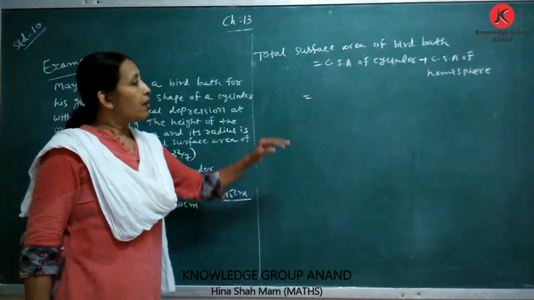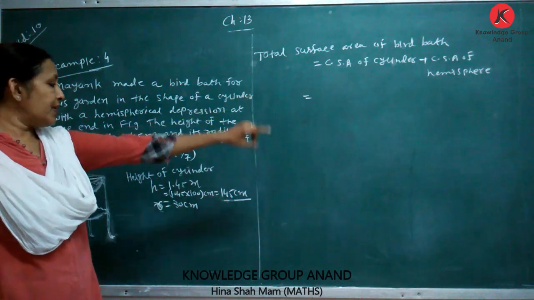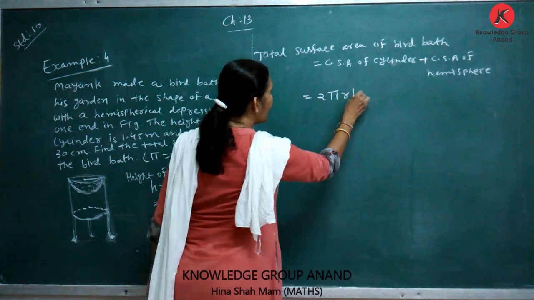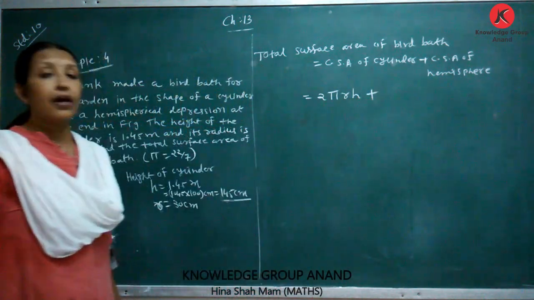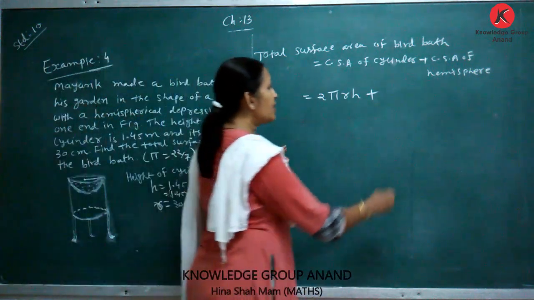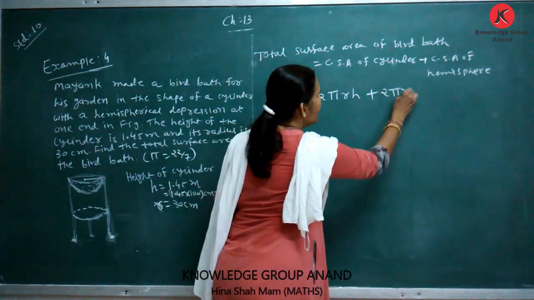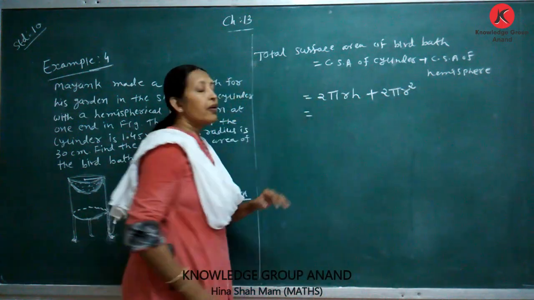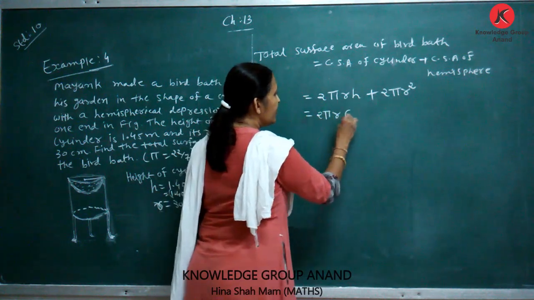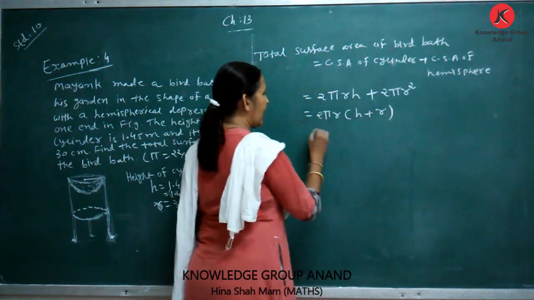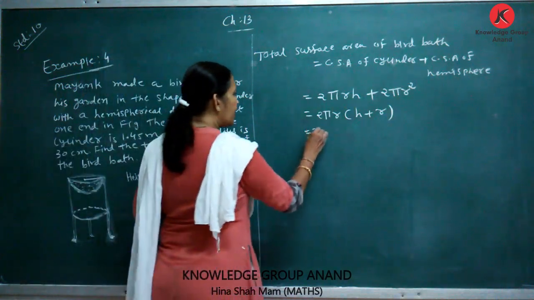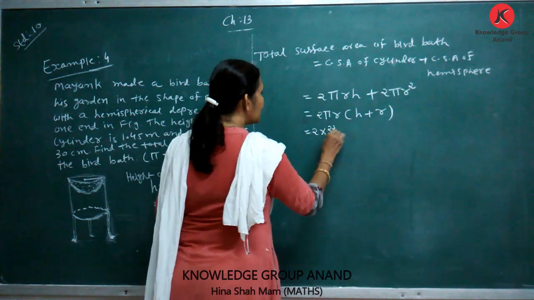We put the formulas: curved surface area of cylinder is 2 pi r h plus curved surface area of hemisphere is 2 pi r square. Common part is 2 pi r, then h plus r. Put all the values of these variables, 2 into 22 by 7.